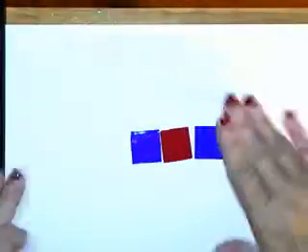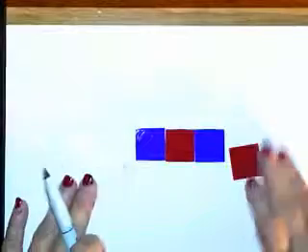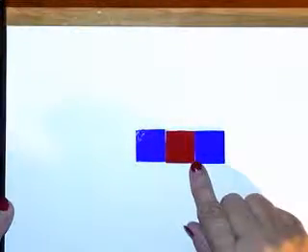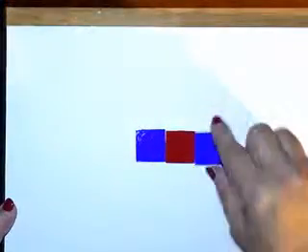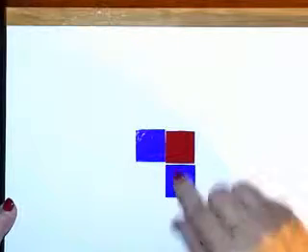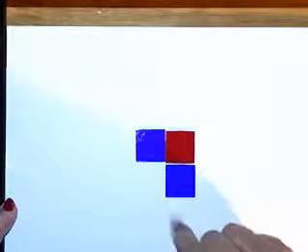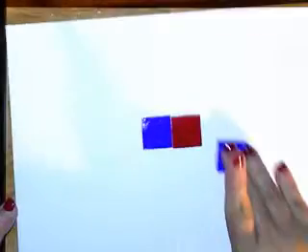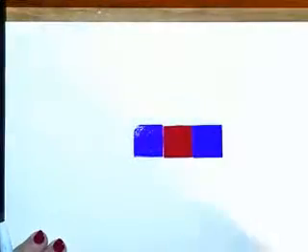If I have a number like 3, okay, there's only one way to make a rectangle, because when I try to double it here, I've got a piece left out. So the only way that I can make that rectangle is 1 by 3. So there's one rectangle, so this number is prime.